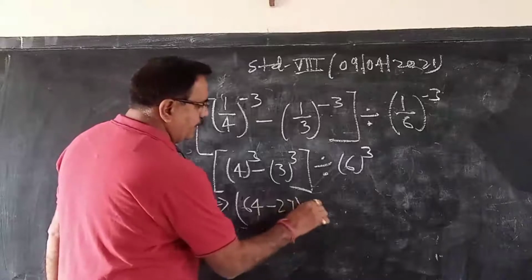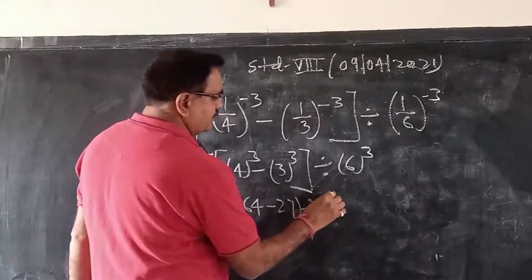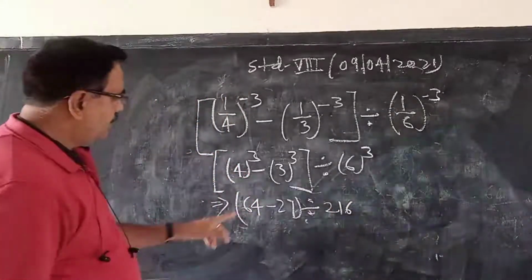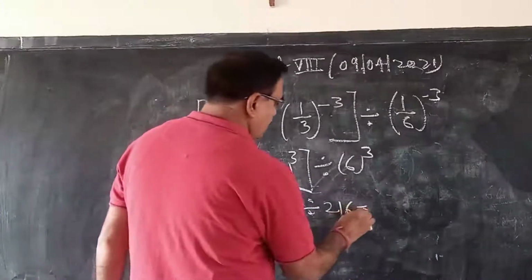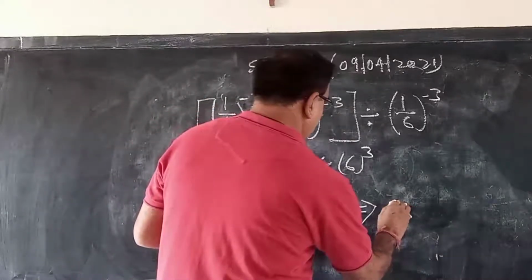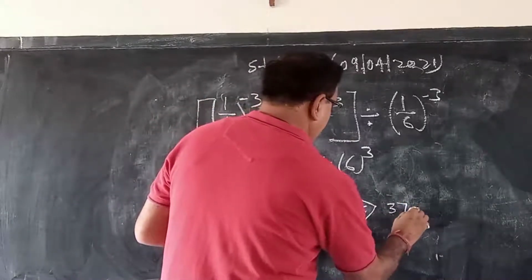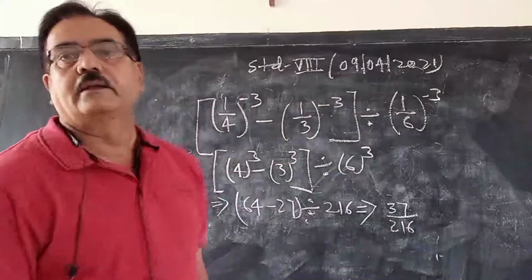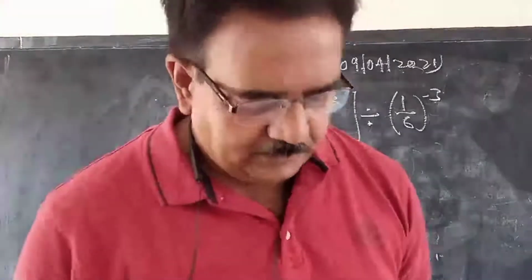Divided by 6 6s are 36, 216. Right? Now 64 minus 27 is 37 by 216. This is our value.